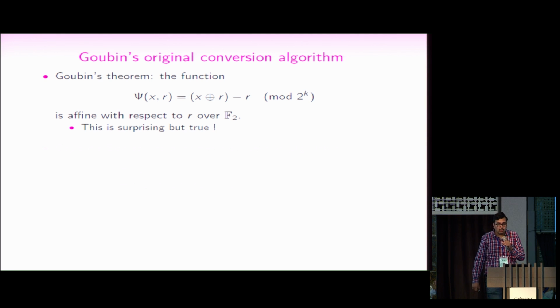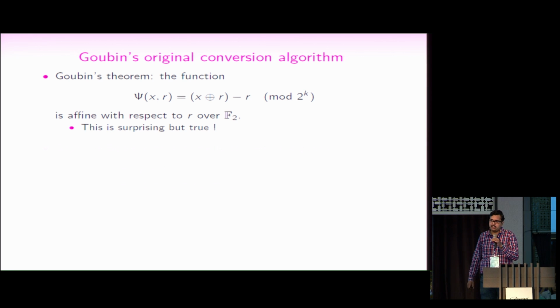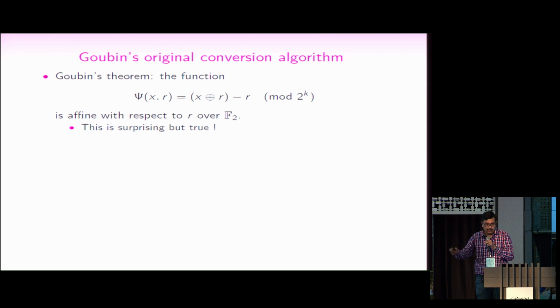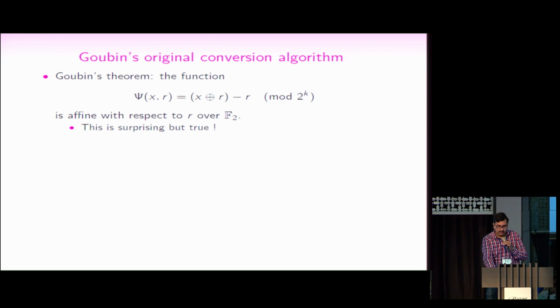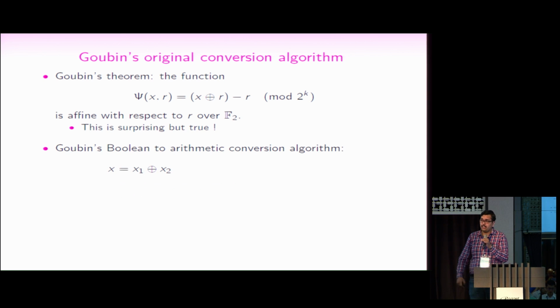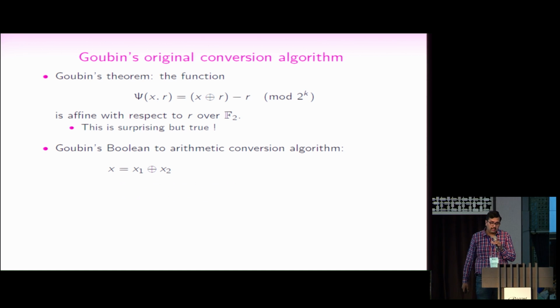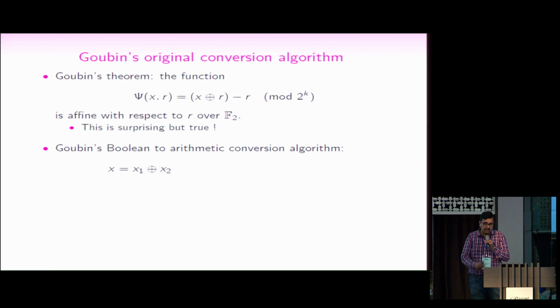Goubin's algorithm is based on a surprising fact that the function psi, which takes two k-bit strings, XORs them, and modular subtracts the second argument, turns out to be affine with respect to the field of two elements. Using this fact, it's straightforward to come up with a conversion algorithm.